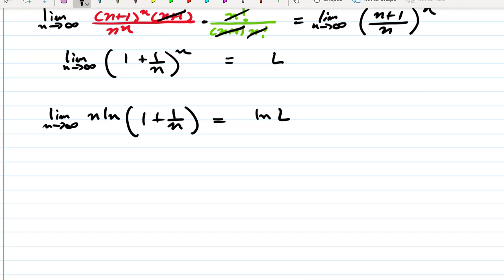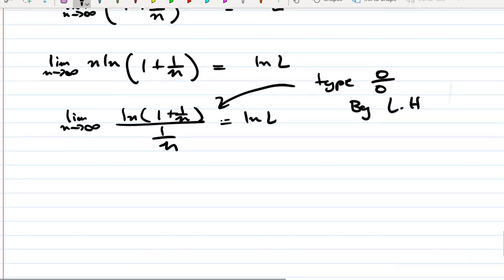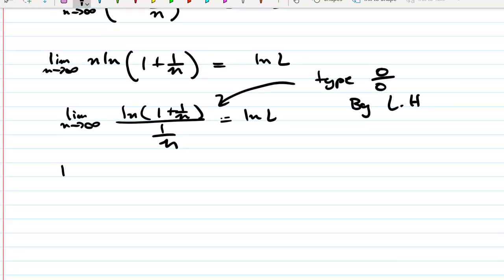So we rewrite this as the limit as n goes to infinity of the natural logarithm of (1 + 1/n) divided by 1/n. And now this is of the type 0 over 0. So by L'Hopital's rule, we take the derivative of both the numerator and the denominator.